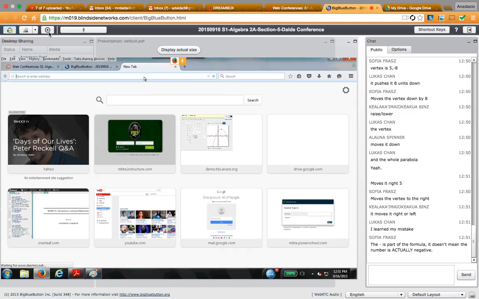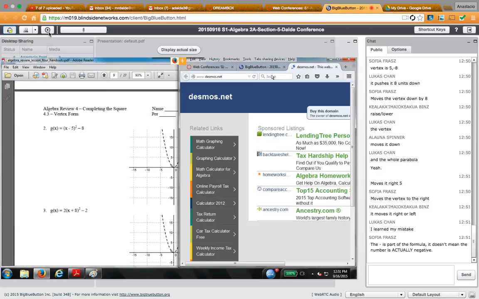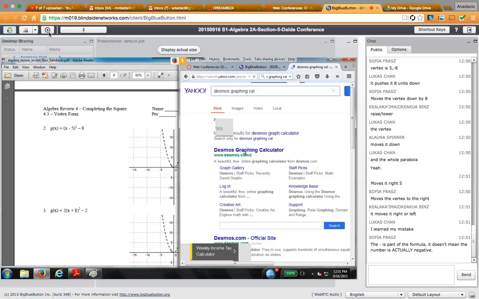I'm going to go to Desmos, and I'm going to cheat and graph a lot of these by Desmos. I want the Desmos graphing calculator. There we go.